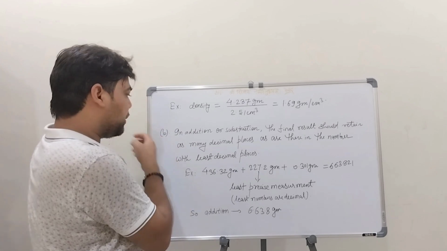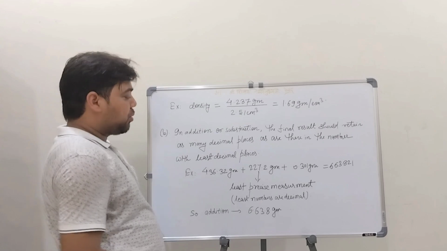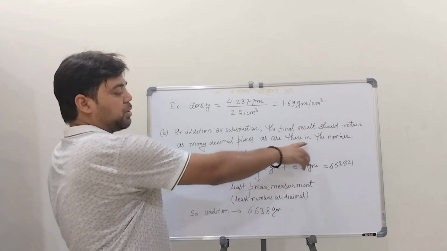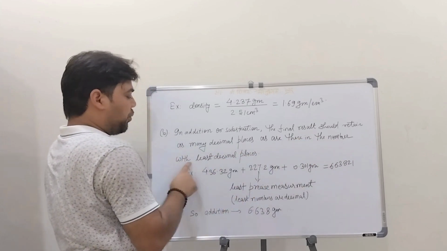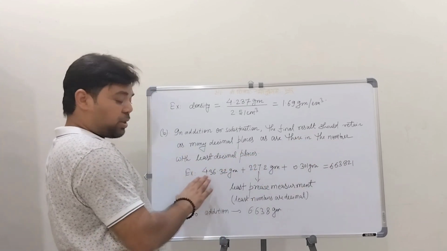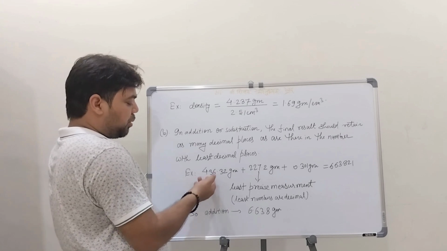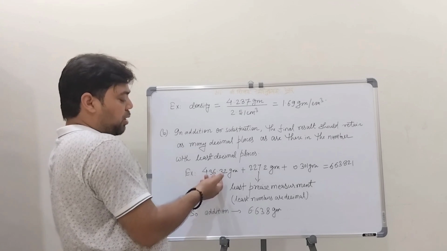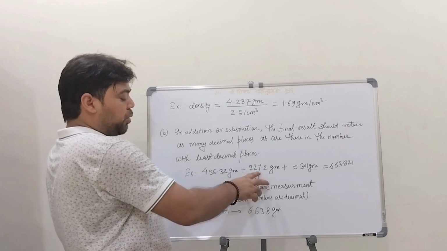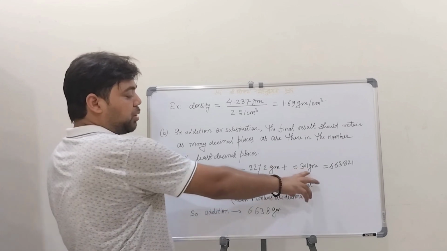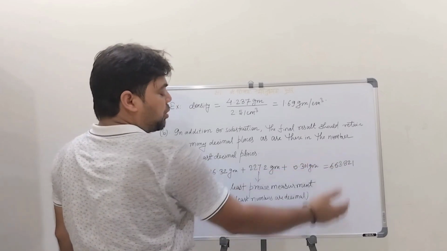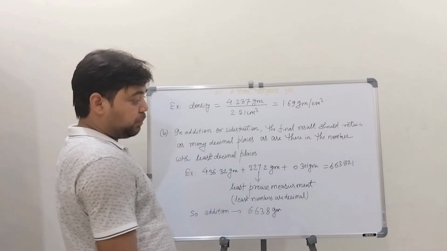Now let us go to addition or subtraction. In addition or subtraction, the final result should retain as many decimal places as there are in the number with the least decimal places. Let us try to understand it with a simple example: 436.32 gram plus 227.2 gram plus 0.301 gram is equal to 663.821 gram.